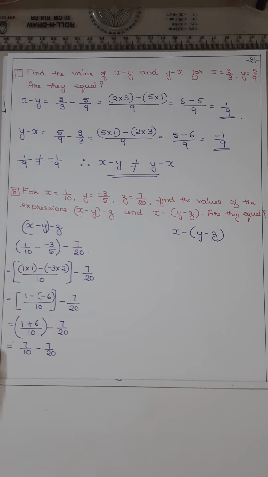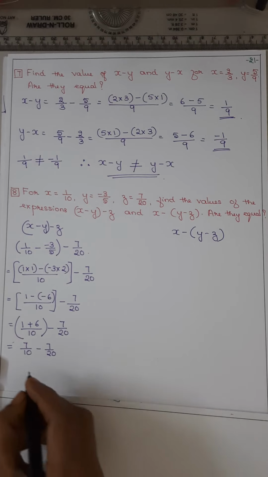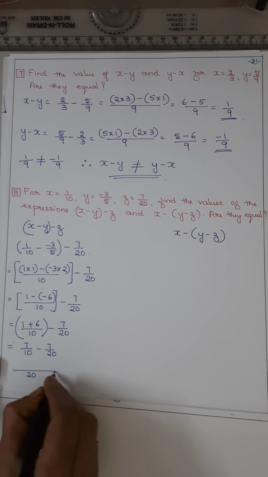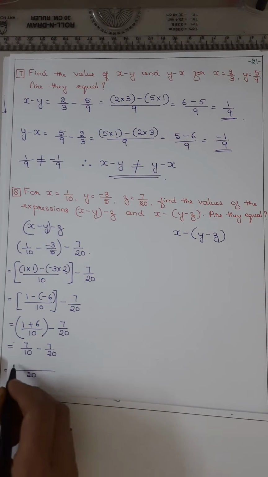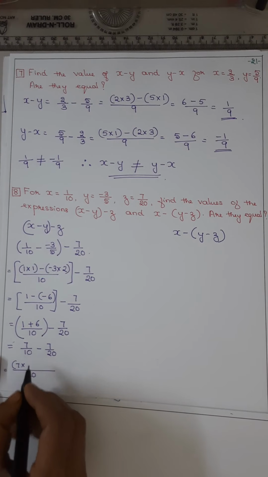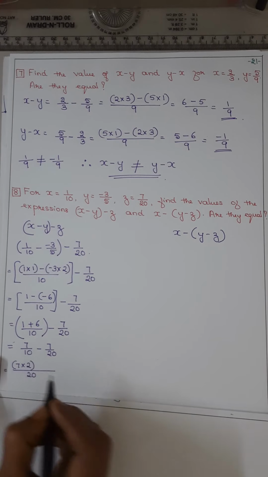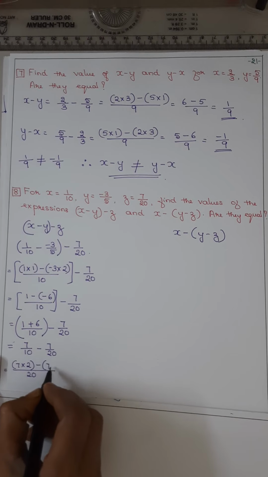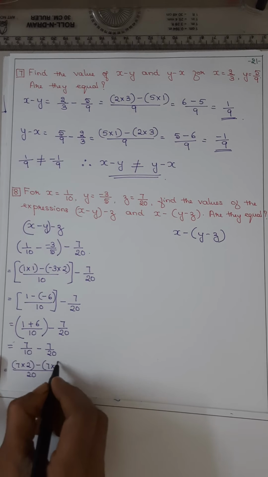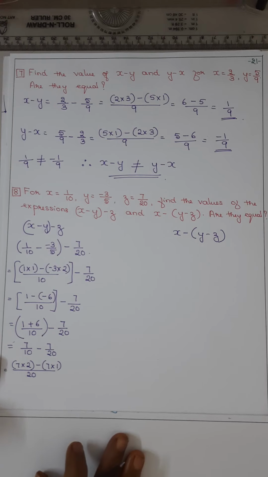Now 10 and 20, which is the LCM? 20. So it is 7 into 10 2s are 20, minus 7 into 2 1s are. समझ में आ गए?